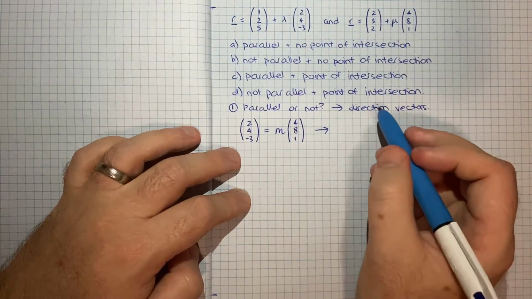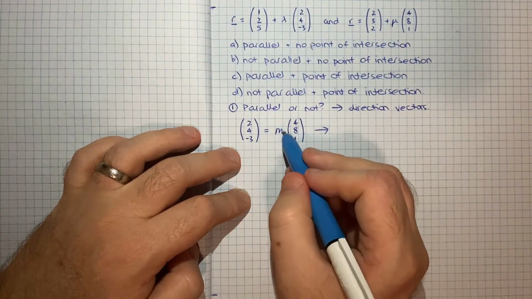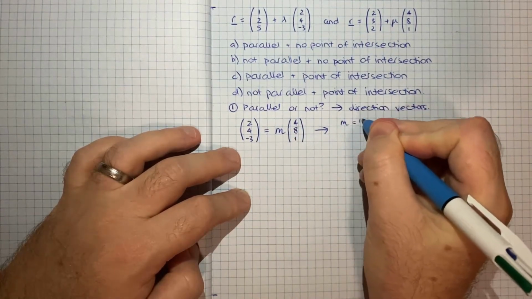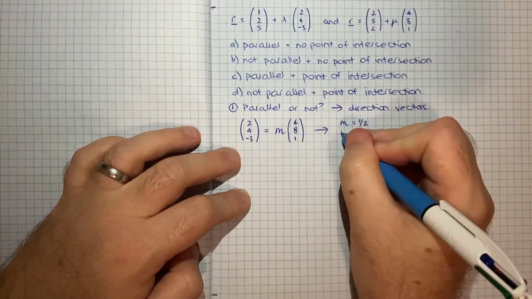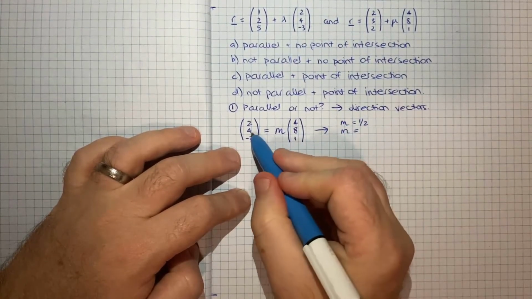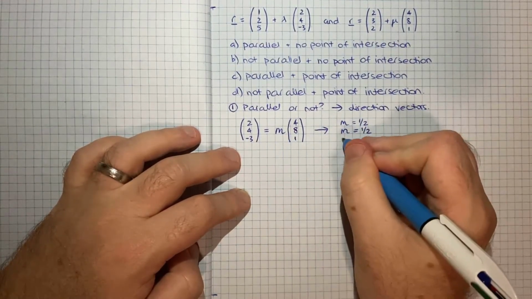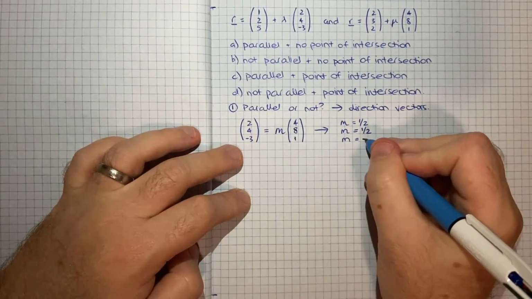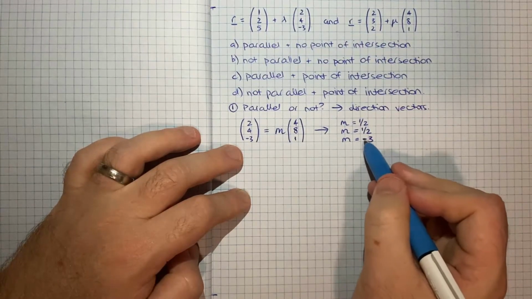For the first row, what would m be to get 2 from 4? m would be equal to a half, since 2 is a half of 4. For the second row, m would also be a half, since 4 is a half of 8. But for the third row, m would be negative 3, since to get from 1 to negative 3, you have to multiply by negative 3.